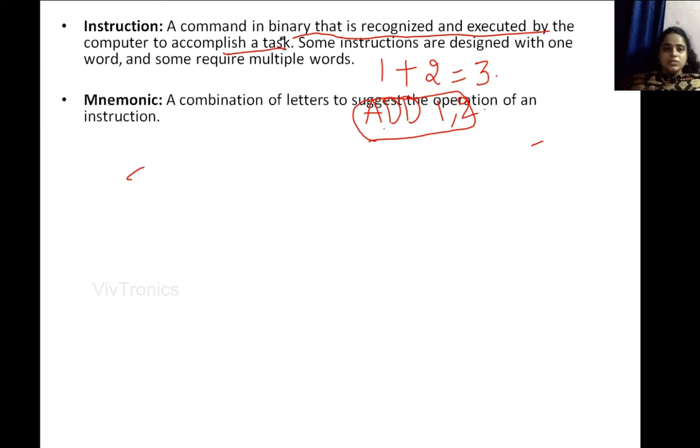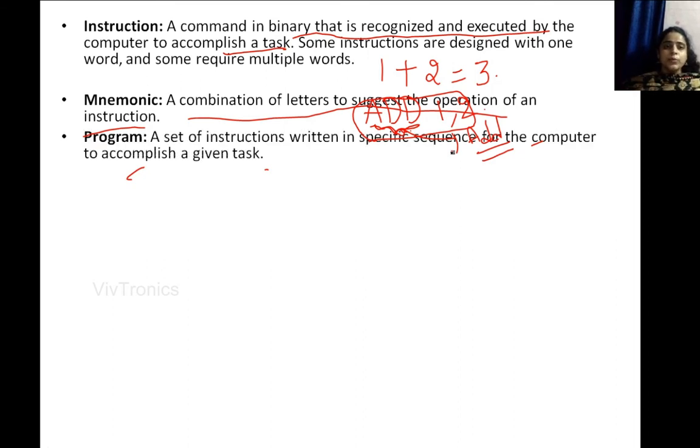An instruction is a command in binary that is recognized and executed by the computer to finish the task. Next, mnemonic. A mnemonic is a combination of letters to suggest the operation of an instruction. Here I have written ADD. ADD is a combination of letters suggesting the instruction to perform an addition operation. So ADD is the mnemonic; mnemonics stand for instructions of the particular language.